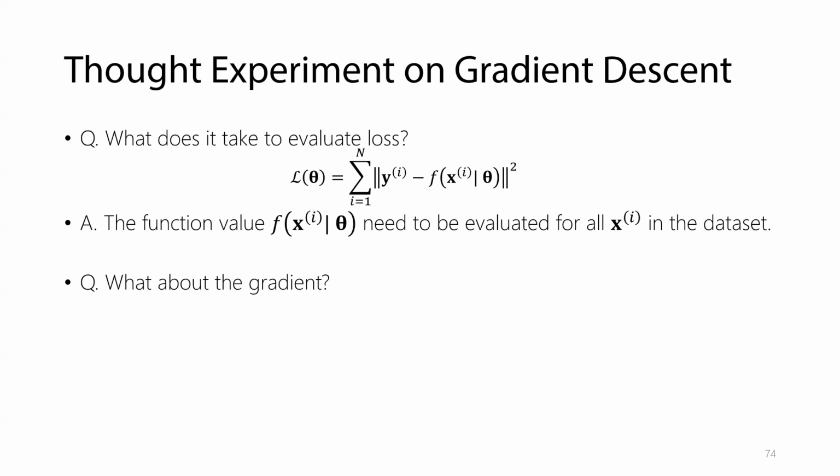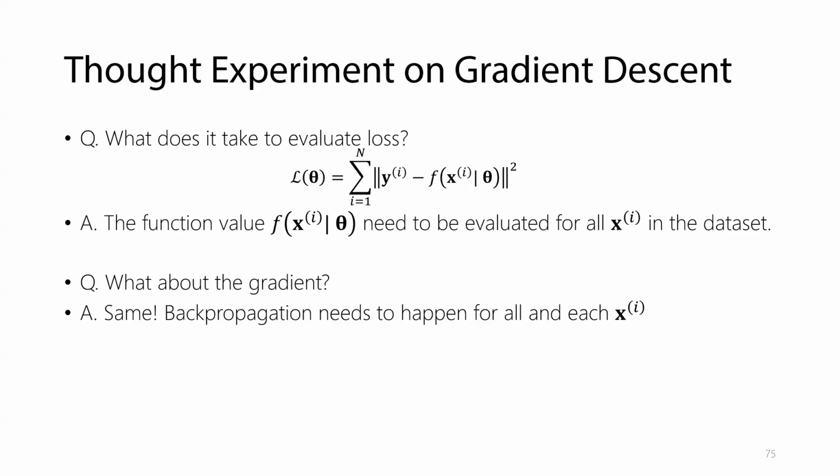Speaking of gradient, it's even worse. Because if you think about it, you've got to do the back propagation. So you need to have the forward propagation by feeding in all the images N times, a million times.